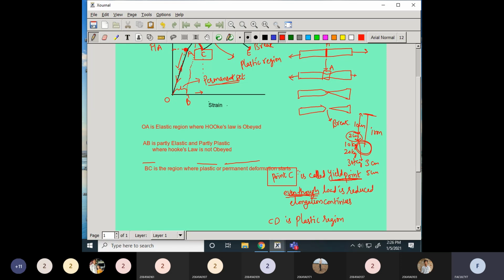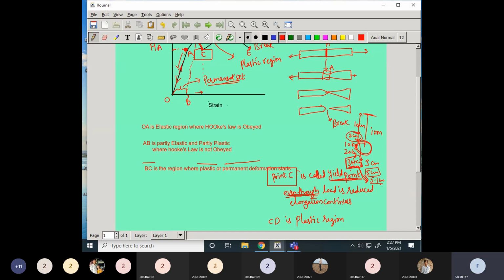Thereafter, I am not going to increase the mass. Even though I have stopped increasing the stress, there might be a change. You may expect 5.1 centimeters. Initially it was 5 centimeters due to the application of 30 kgs, but hereafter, even if I stop increasing the weight, the deformation continues.